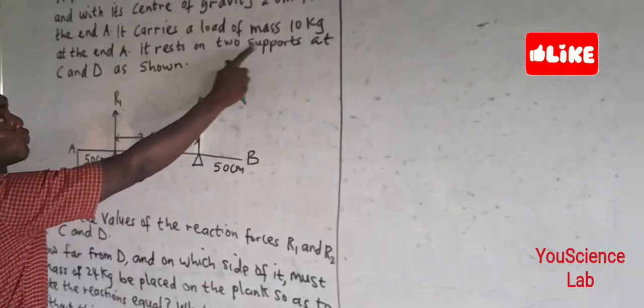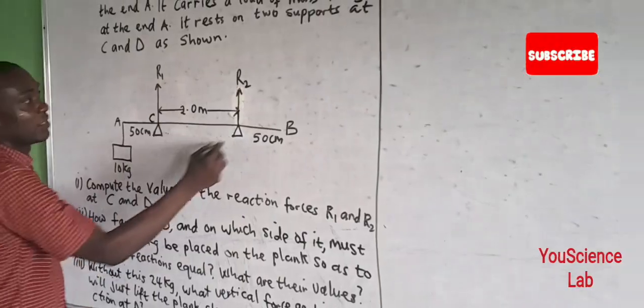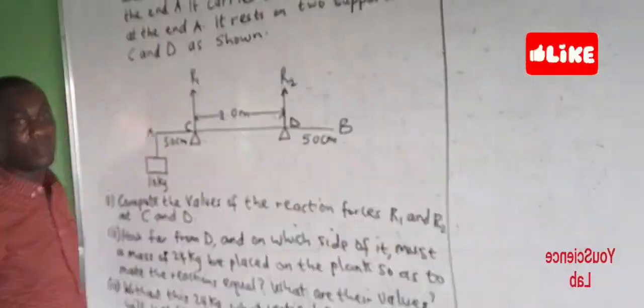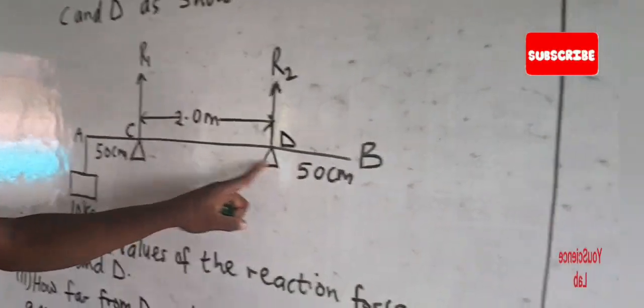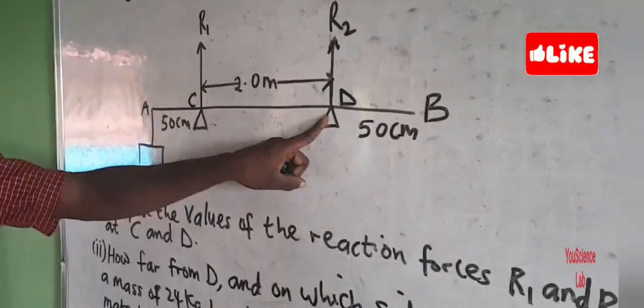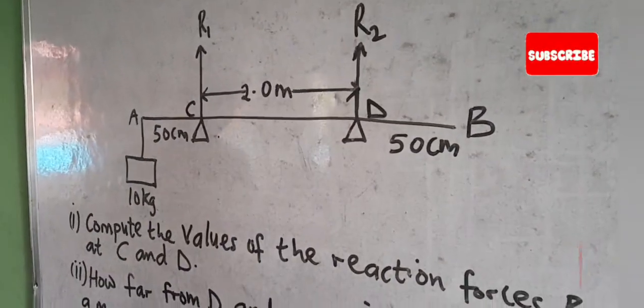It rests on two supports at C and D. So this is C and this is D. So these are the two supports. The supports are known as knife edge.